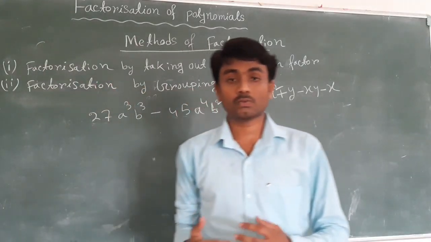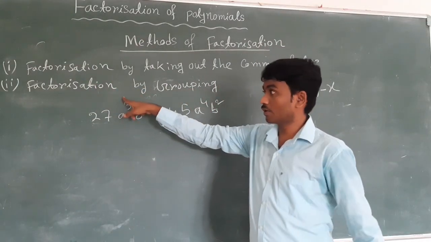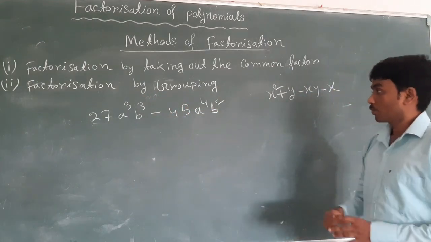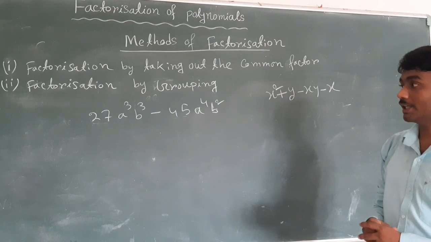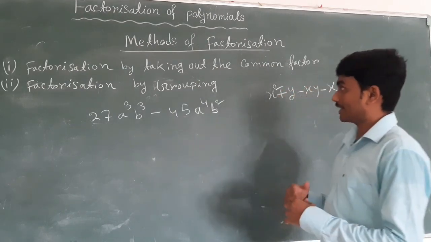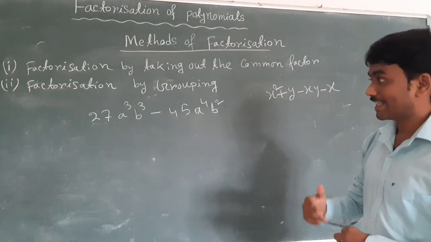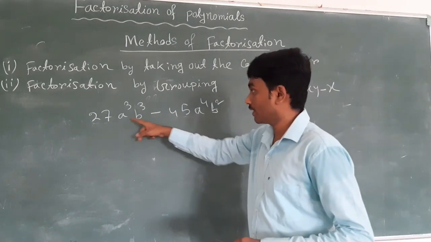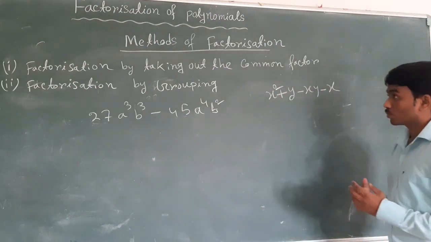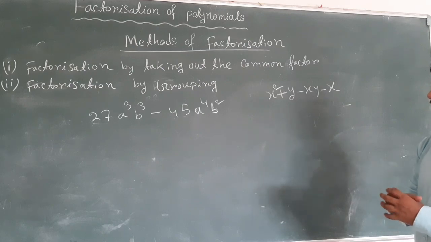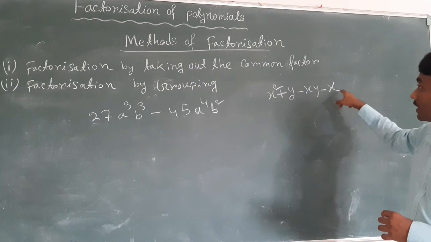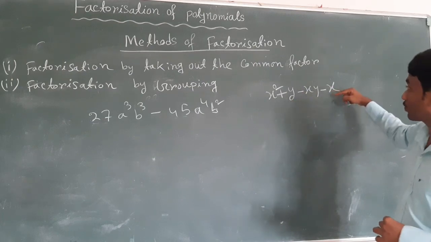Now we discuss the second method, that is factorization by grouping. From these two questions, we see that we can take out a common factor from each of the terms, but we can't take out any common factor directly from this problem.